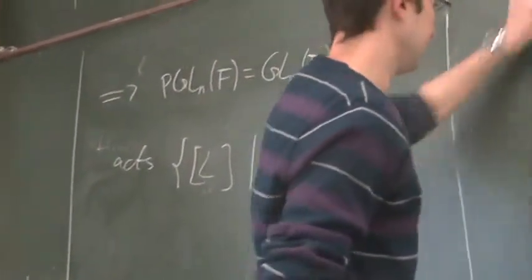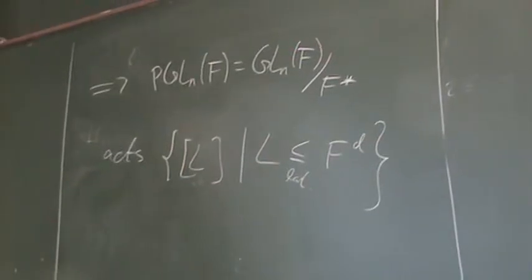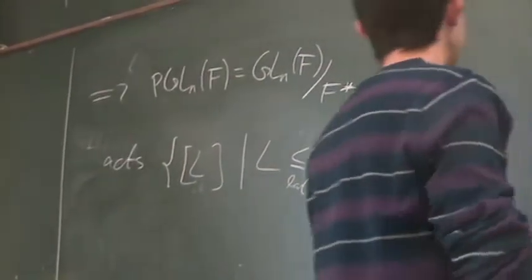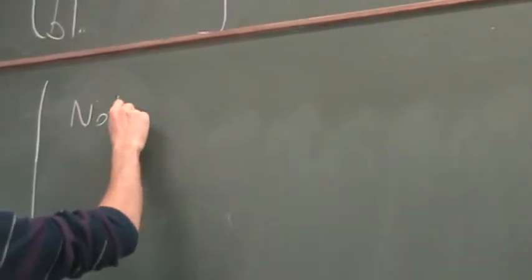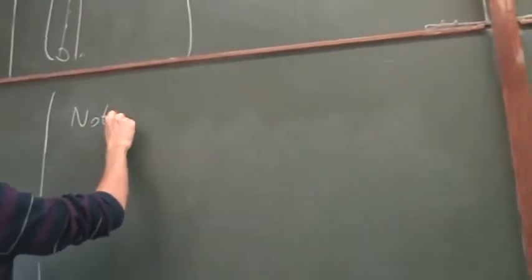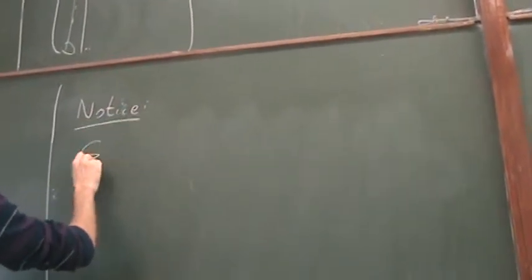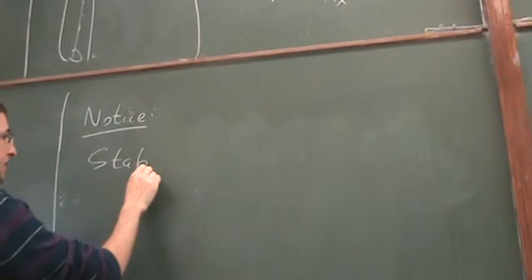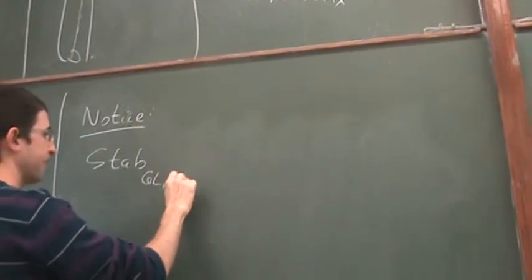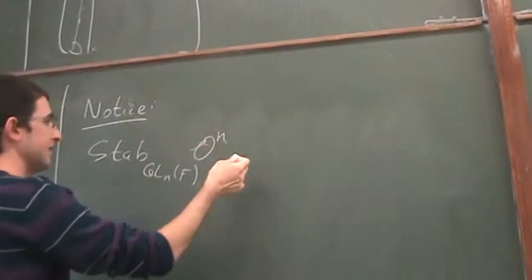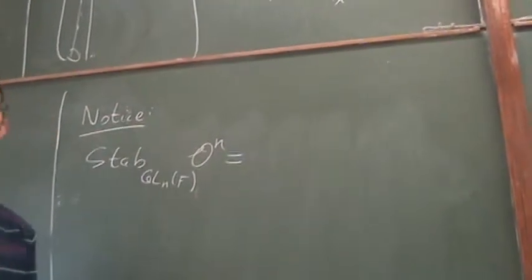For example, notice that the stabilizer in GLd(F) of O to the d, what would be the stabilizer?